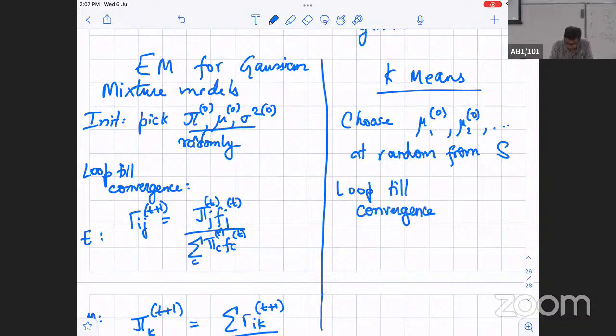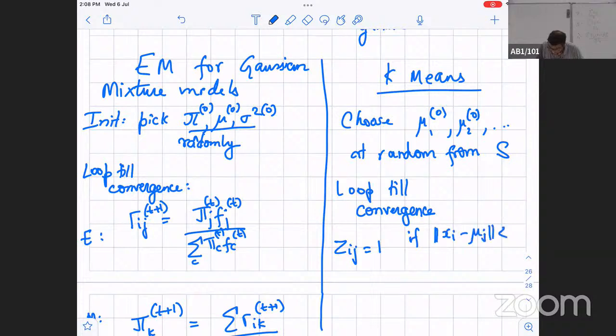Then what do you do? You compute Zij, right? Do you remember this? So you compute Zij equal to 1 if the distance between xi minus mu j is less than or equal to xi minus mu k for all other k. So whichever is the closest centroid to the current point, you will set Zij equal to 1, correct?